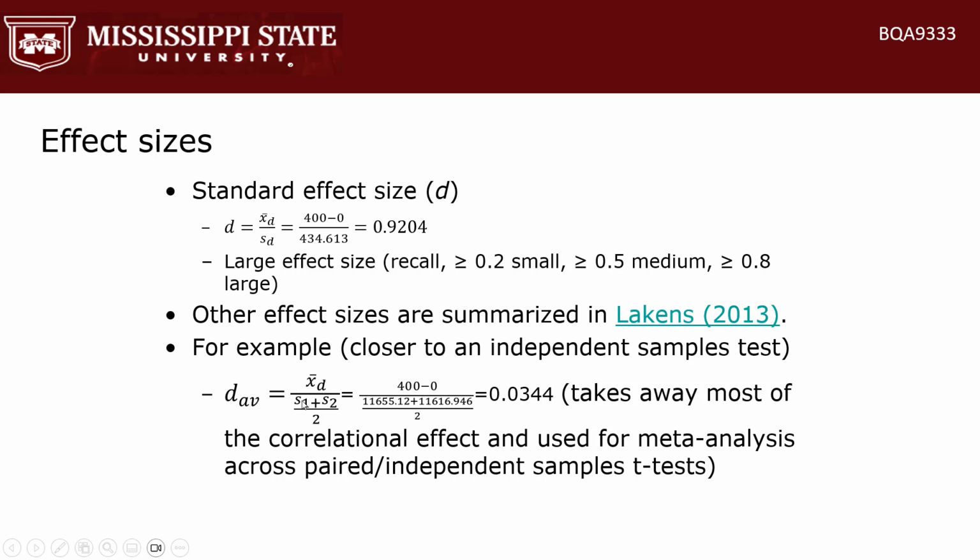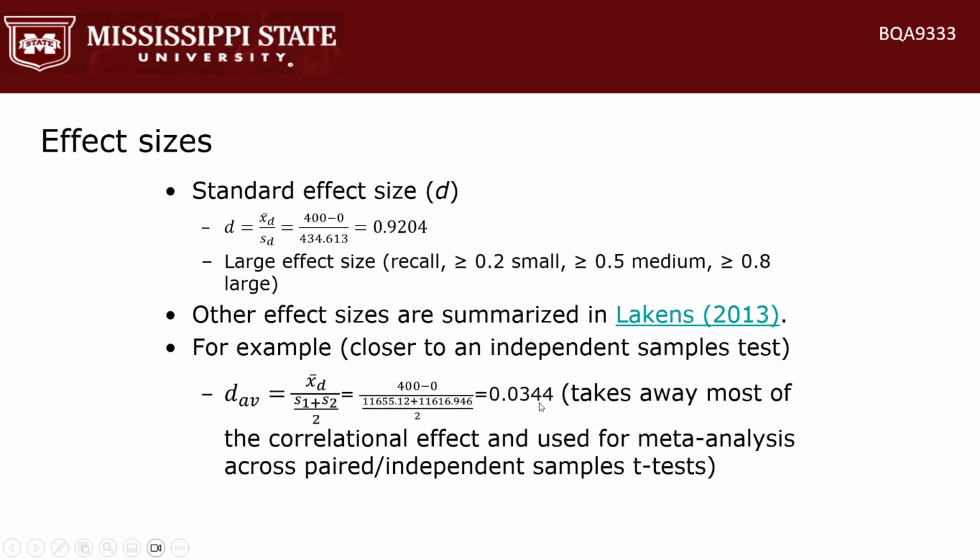And here it's just x bar d, and we assume that the standard deviations are equal, so S1 plus S2 over 2. So this is just the equivalent of, remember we did Cohen's d and Glass's g, almost just the equivalent for even sample sizes.